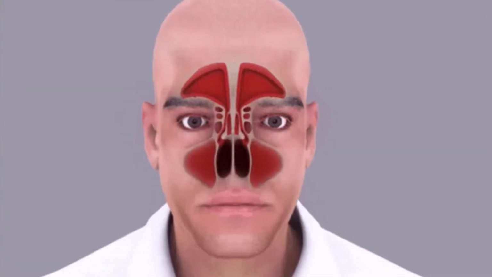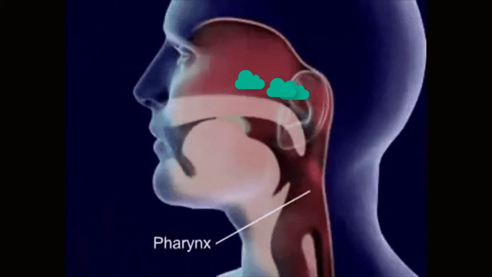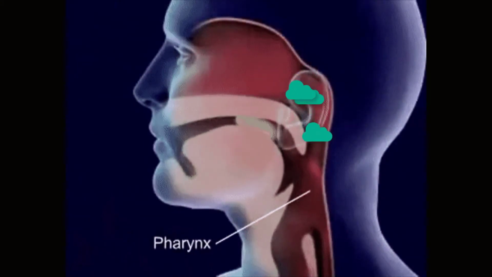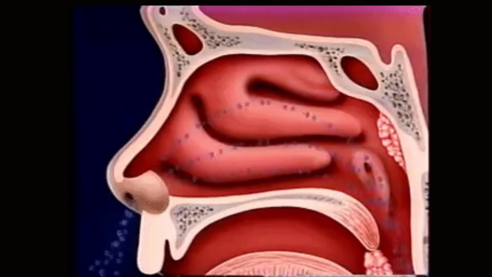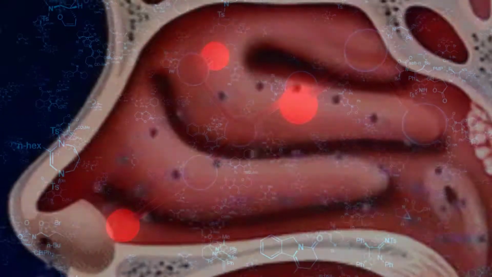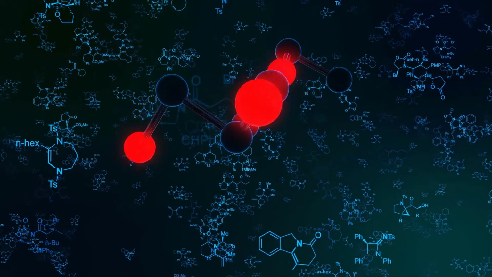In the posterior 2/3 of the nasal mucosa, the mucociliary clearance also propels the mucus-entrapped particles into the pharynx. However, in the anterior region of the nasal mucosa, the disposal of these entrapped microbes is largely dependent on microbicidal substances present in nasal fluid.